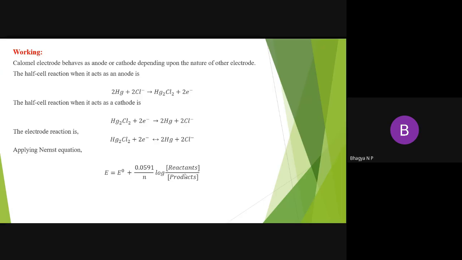If we apply the Nernst equation for this reduction reaction, we get E is equal to E naught plus 0.0591 divided by n, where n represents the number of electrons, that is 2, into log of concentration of Hg2Cl2 divided by concentration of Hg twice, concentration of Cl minus twice. Here Hg2Cl2, that is calomel, and mercury, we take as 1.